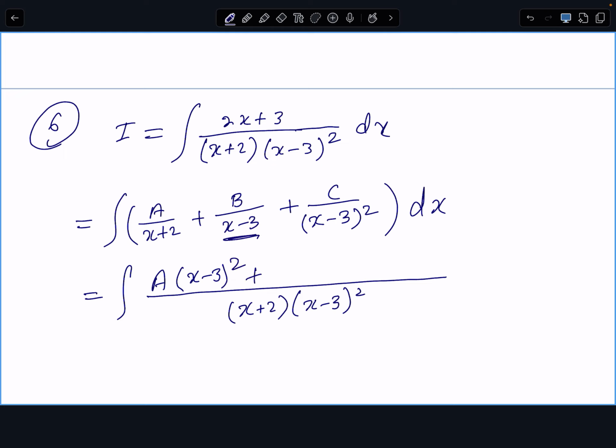Plus, we have x minus 3, which is a part of this one. We need to complete this part, which is square. We need to multiply by x plus 2 and x minus 3, because we have just part of it. And then C, we have this one, we don't have this. C times x plus 2. X minus 3 squared is already there.